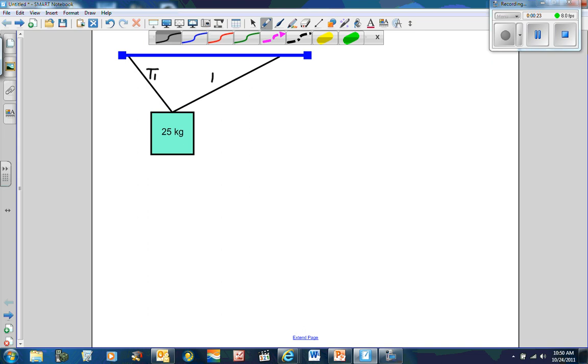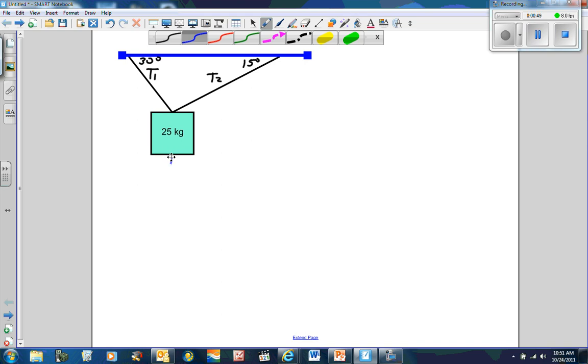We'll call this one T2. This angle here will be a 30-degree angle, and this right here will be a 15-degree angle. So we have to draw some forces here on this.